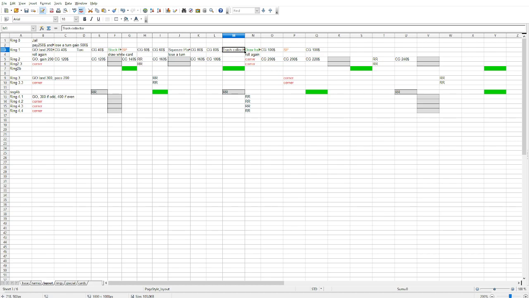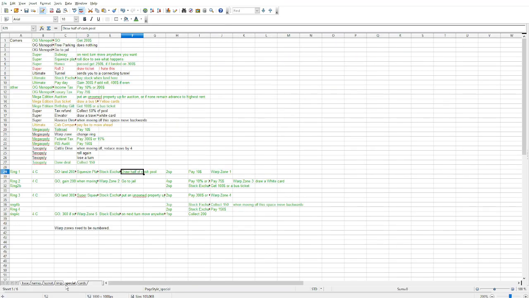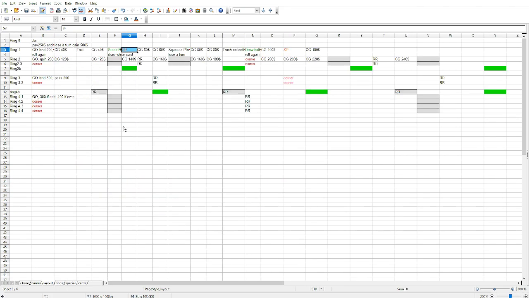Okay, pale blue would be the special spaces. Like proper special spaces would be pale blue. Okay, so special one. What was this again? Pay $10.